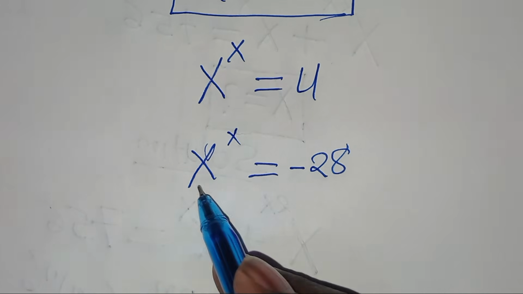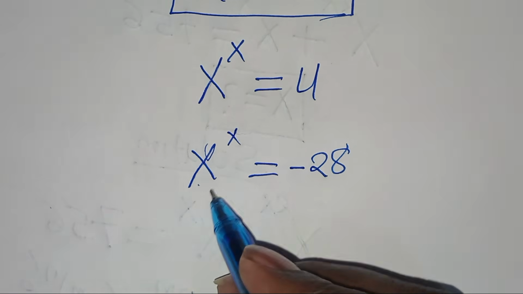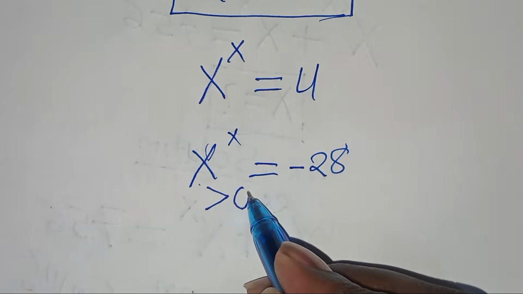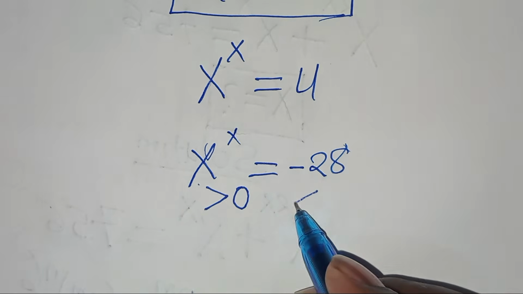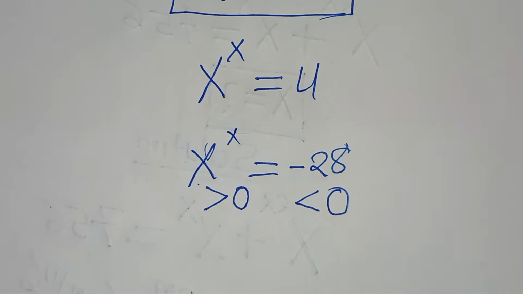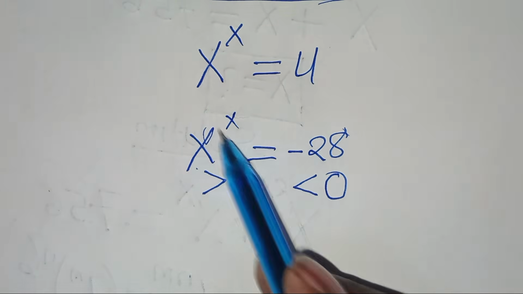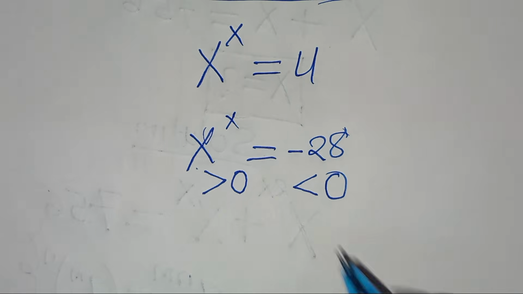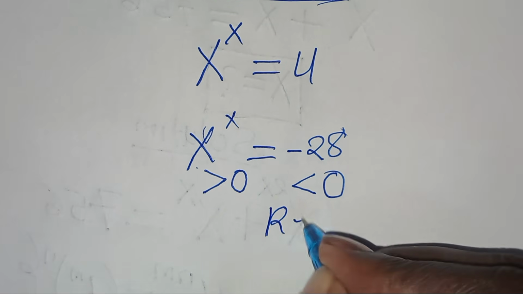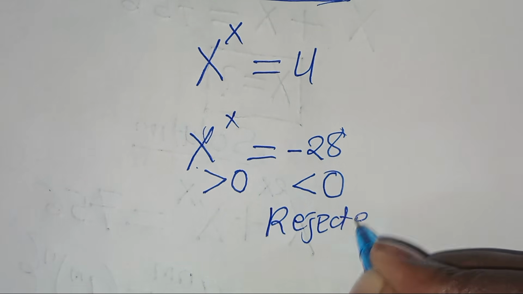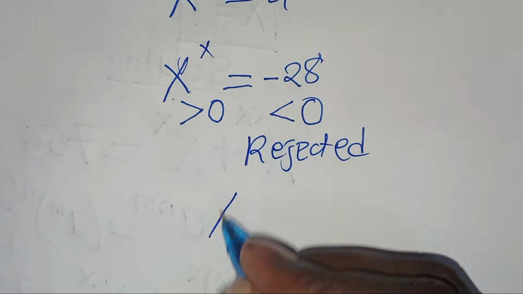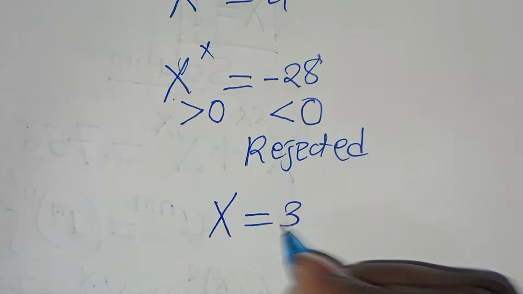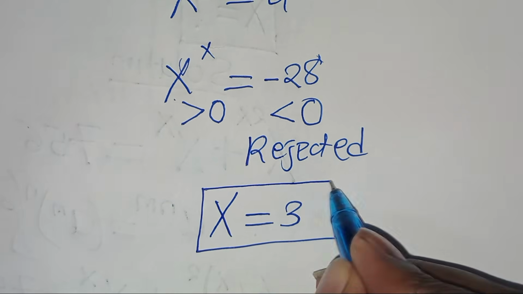But x to the power of x is actually greater than 0, as opposed to the right hand side, which is less than 0. So in this case, we cannot proceed to solve for the value of x. Case 2 is rejected. Now the value of x in this case is equal to 3.